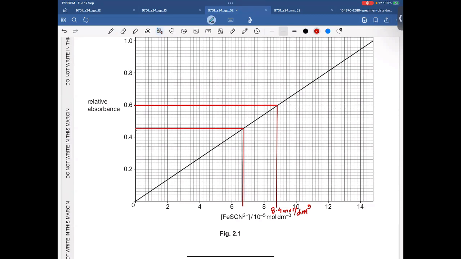And its absorbance value is 6.123, 6.2, I believe. Yeah, 6.2 mole per dm cubed.